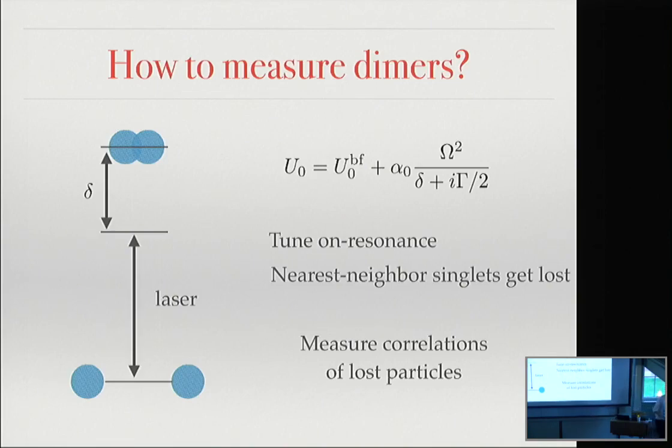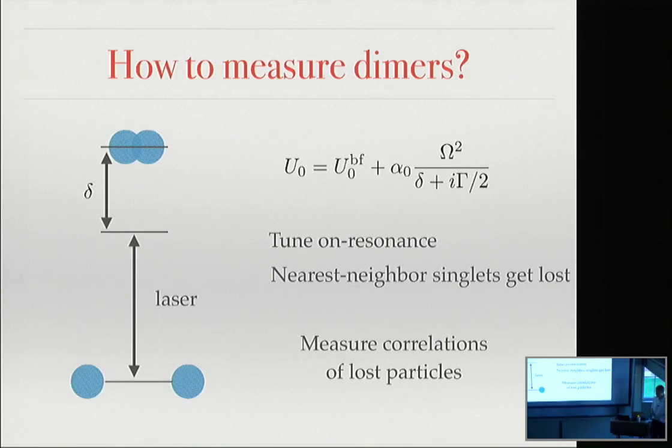Okay. All right, so why were we looking at that particular measure? And the answer is because that's exactly the measure you can get in the experiment. So you can imagine using our same trick of photo-association, but now going on to resonance. This is very similar to some stuff that Randy's used to probe some spin correlations. If you tune this onto resonance, you're going to get an atom loss term, which is dependent on nearest neighbors being in singlets.